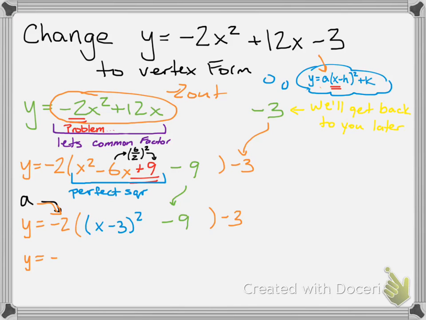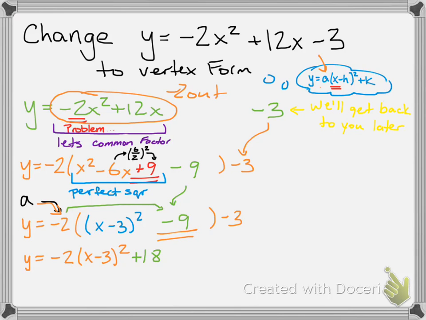Now what do we do? Well, we can start writing. We have our minus 2 times x minus 3 squared. Now we have to realize that this negative 9 here isn't just a simple minus 9. It's actually multiplied by negative 2. So that should actually be plus 18.